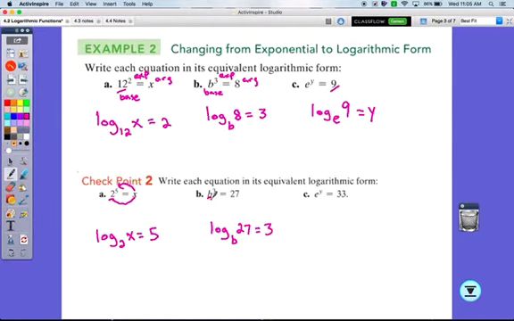Start at the base, get the answer, go back and hit the exponent. Then for C, I've got log base e of 33 is equal to y. Start with the base, get the answer to the exponential, and the answer to the logarithm is the exponent.